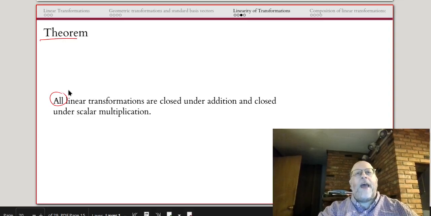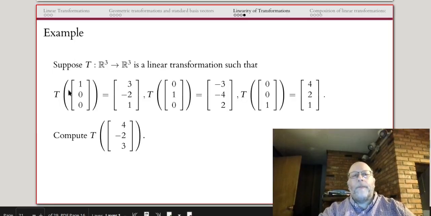Let me give you an example of how that works. I have a linear transformation, and I know what it does to my standard vectors, E1 and E2 and E3. What I would like to know is what it does to the vector 4, negative 2, 3.